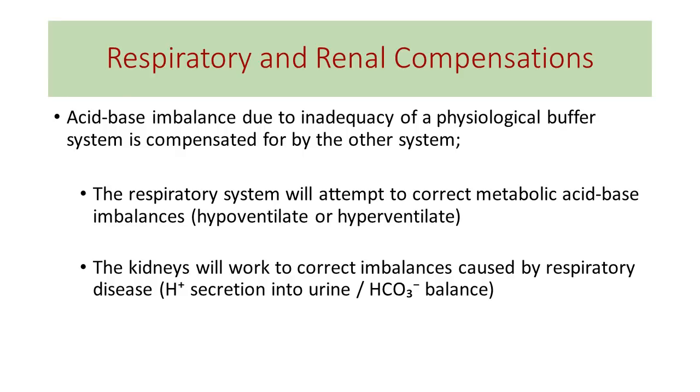And the kidneys will do the same in response to respiratory acidosis or alkalosis. So if you have respiratory acidosis, too much carbon dioxide in your blood, the kidneys will try to reabsorb more bicarbonate out of the urine filtrate to try to neutralize that acidity.